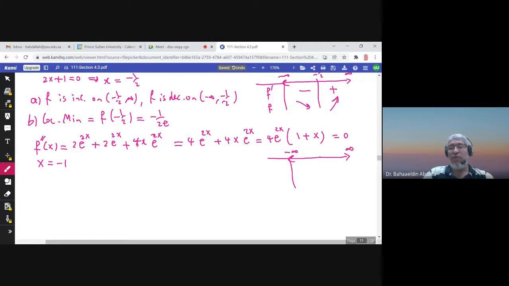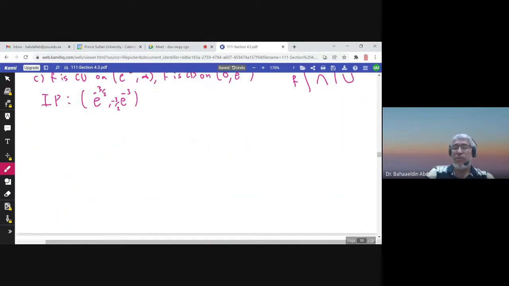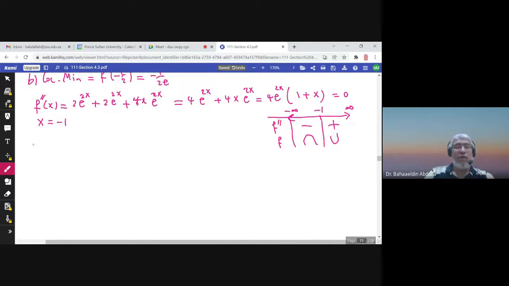From negative infinity to infinity, and this is negative 1. If you choose a number greater than negative 1, f double prime would be positive. So concave down, concave up. So the answer to part C, f is concave up from negative 1 to infinity, and is concave down from negative infinity to negative 1.